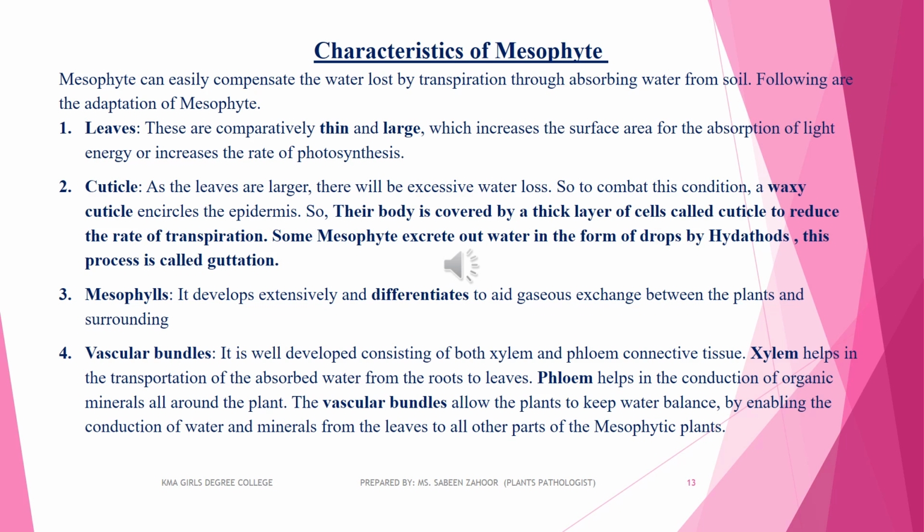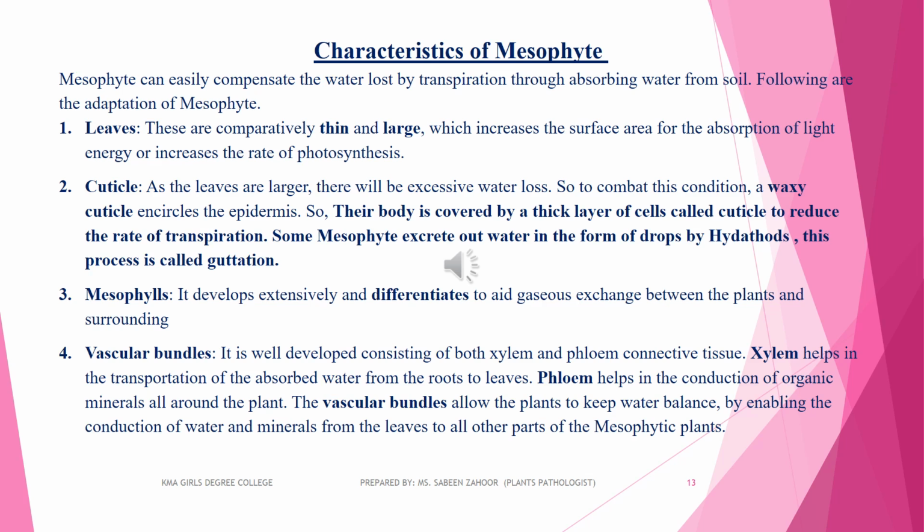If you remember the Dixon theory of transpiration pull, the ascent of sap, do you remember? Yes, that's good, right? In transpiration pull, as much water as is lost, that much water is absorbed by the plant's roots.